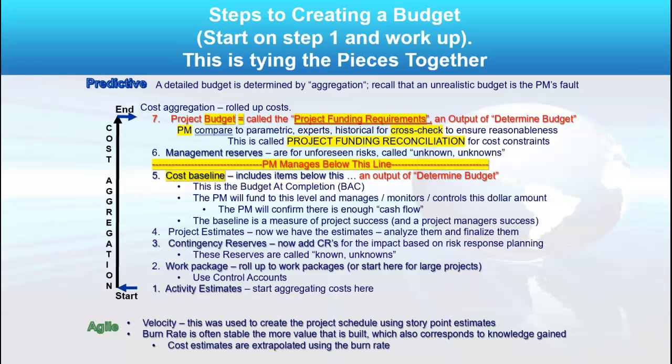Now in Agile, you want to maybe track funding by a burn rate, right? A burn down chart. And so velocity is used to create the project schedule using story estimates. And cost estimates are often extrapolated out during the process. Okay.